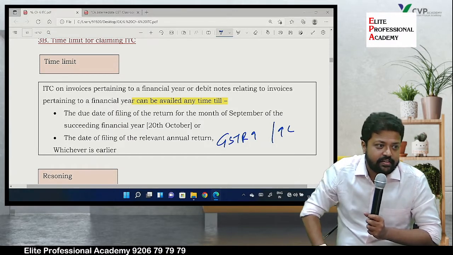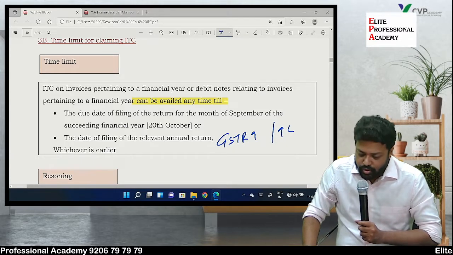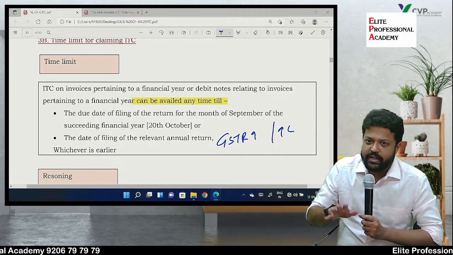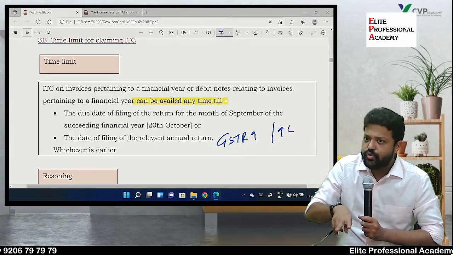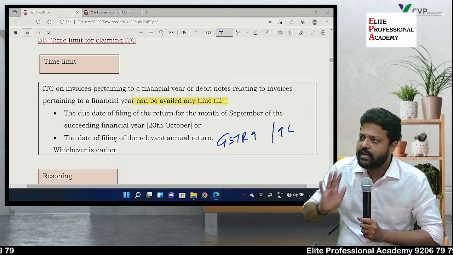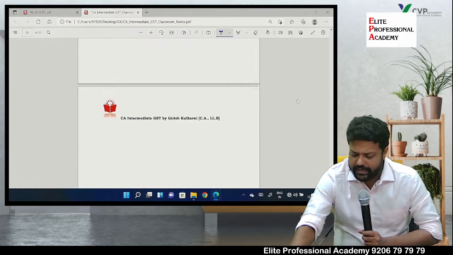But a person can file it earlier also, no need to wait till the last date. So the earlier of these two dates will be considered as the due date for claiming ITC related to any tax invoice.